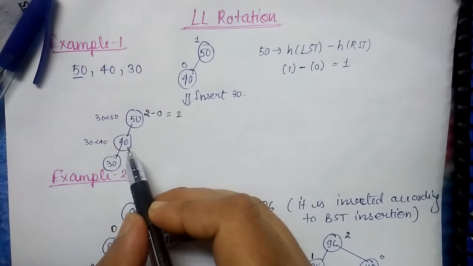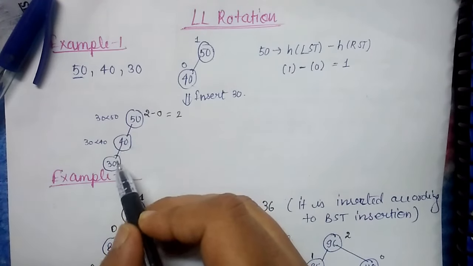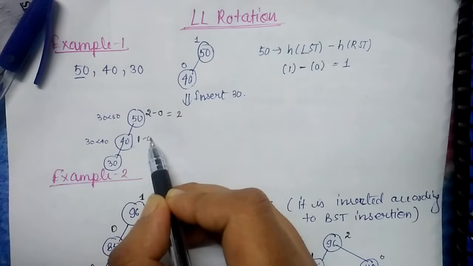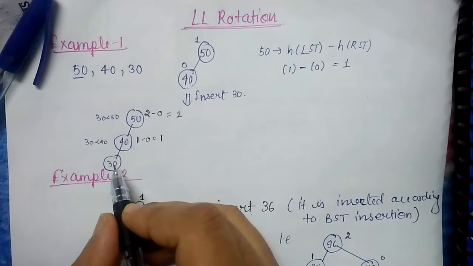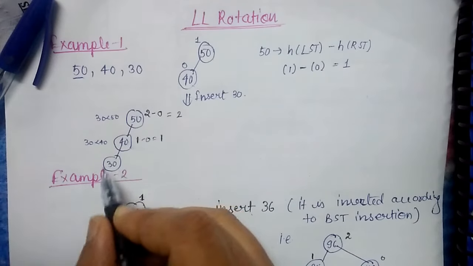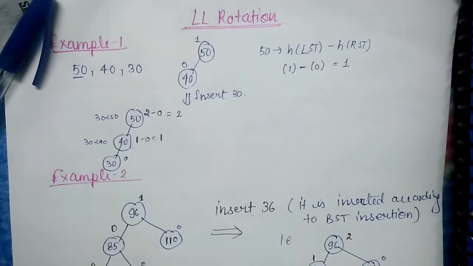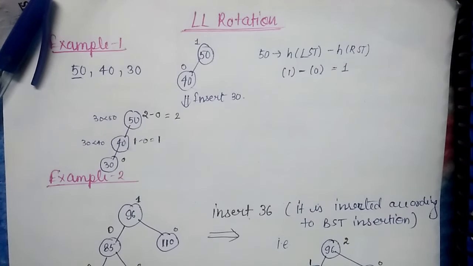After that, if you calculate the balance factor of 40, the height of the left subtree is 1 minus 0, that is equal to 1. Now the balance factor for 30 is equal to 0 minus 0, that is 0, because the heights of the left and right subtrees are respectively 0. Now we see if the balance factor is other than 1, 0 or minus 1.